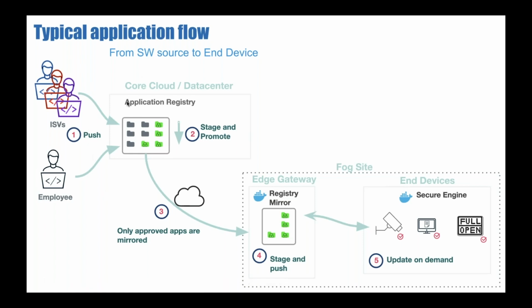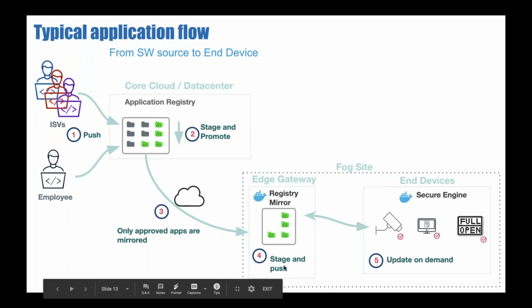We're showing that applications can come from third parties, from internal employees. They initially get put through a registry like this one, where you stage your applications, and then once they're ready, they get promoted and sent across to a mirror registry.